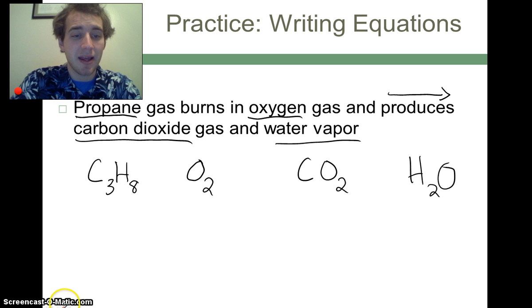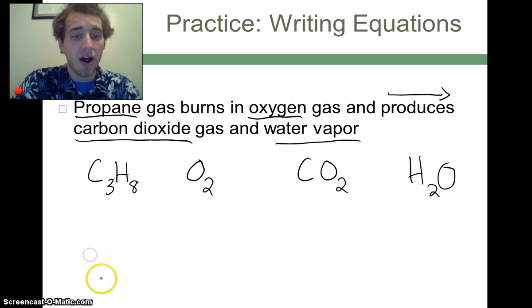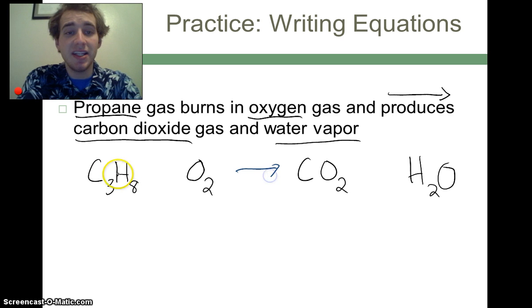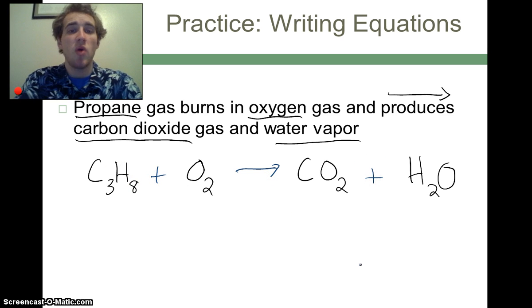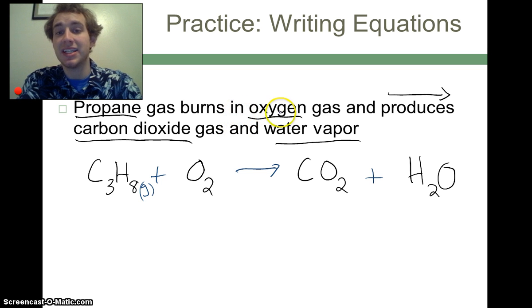Now we go back and we assemble the reaction using our state symbols. Well, we know the reaction is that produces, which means that these two are going to react together to make these two guys. We've got propane gas. State symbol for gas is G. Go ahead and slip that guy in there. Burns in oxygen gas.